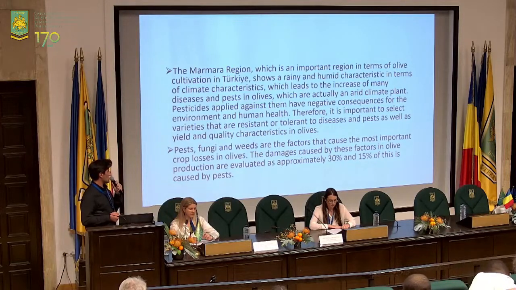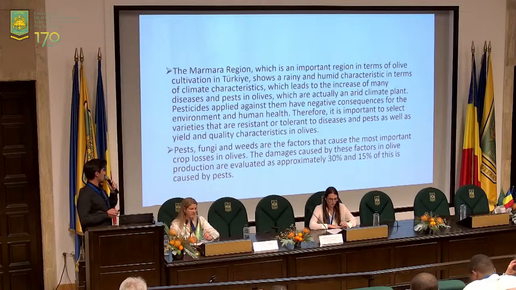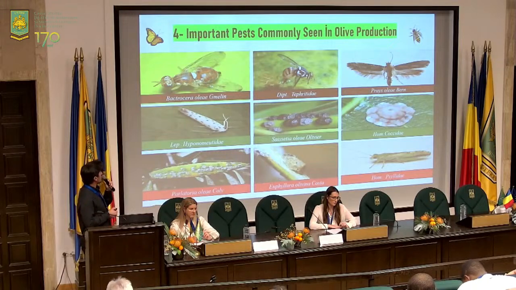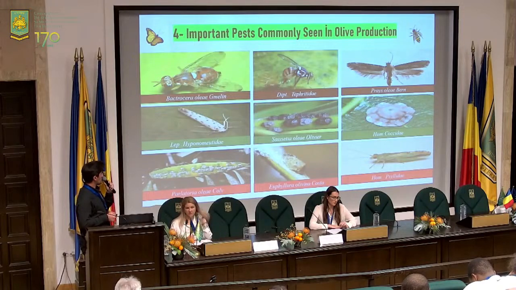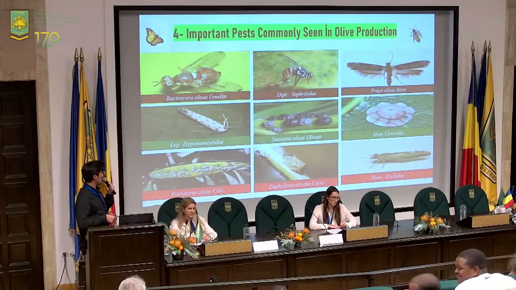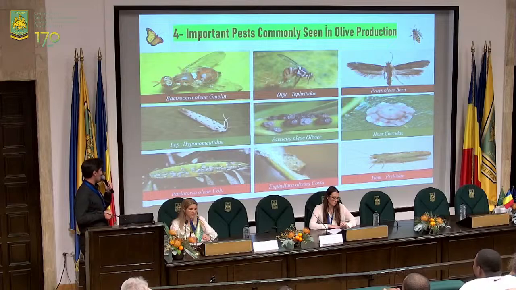The losses caused by these factors in olive production are approximately 30% and 50%, with the disease share caused by pests. Important pests for the olive tree: Bactrocera oleae Gmelin, Prays oleae Bern, Saissetia oleae Olivier, Coccidae, Euphyllura olivina Costa, Parlatoria oleae Colvée.